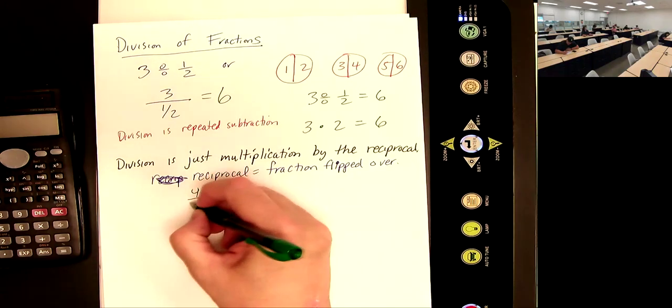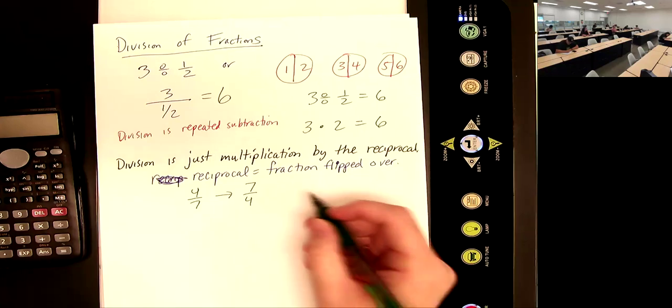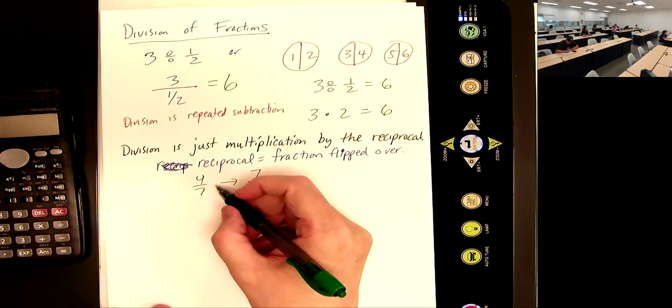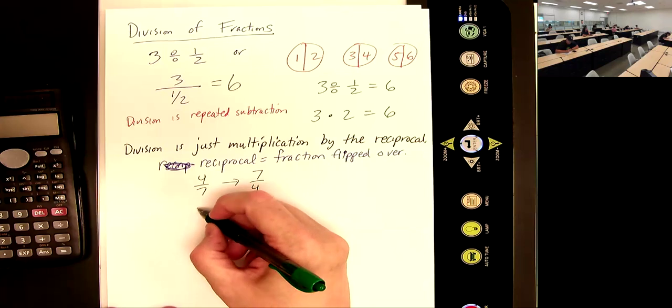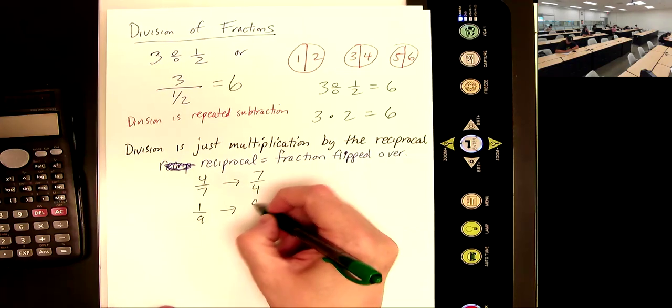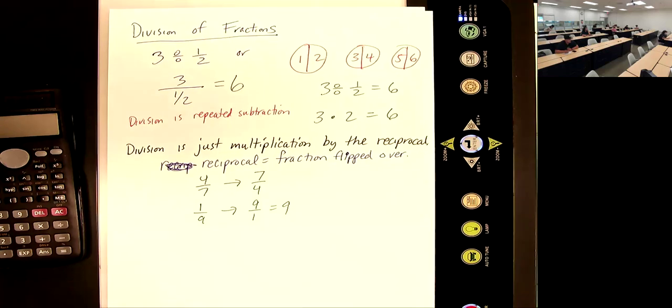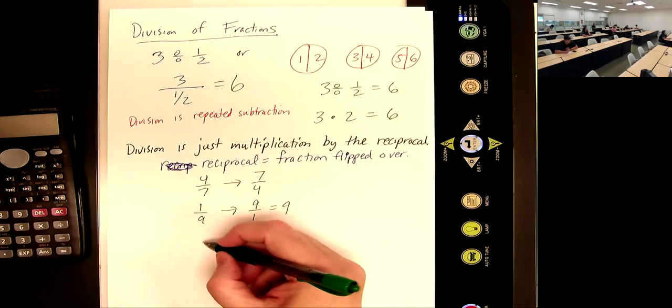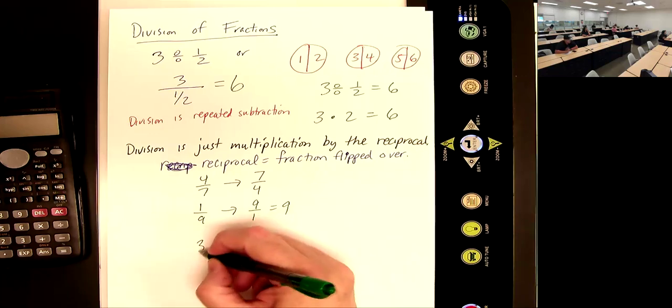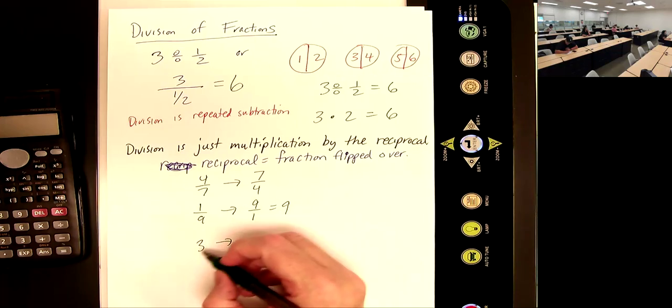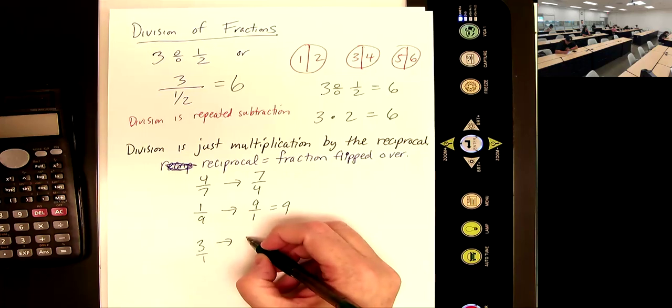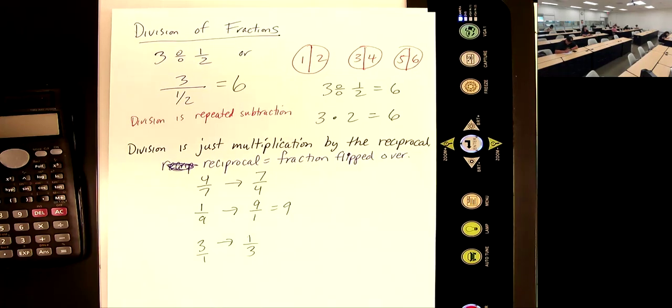Four over 7 turns into 7 over 4. 1/9 turns into 9/1, which is 9. And if you have a whole number, like 3, 3 is the same thing as 3/1, so when we flip it, it'd be 1/3. That's how reciprocals work. So you can always turn division into multiplication by the reciprocal.